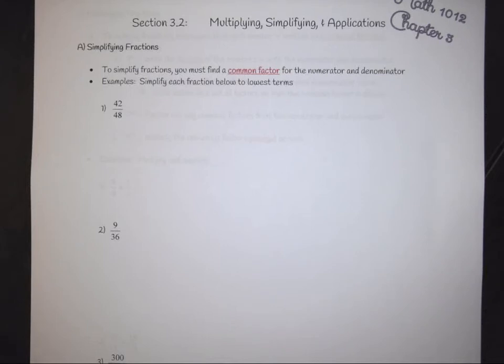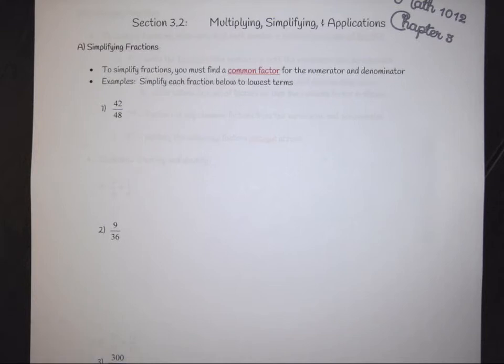But if you're somebody like me, who even though I love math, sometimes has to work at it, a common factor is just as good as finding the largest common factor. The difference is you may simply have to simplify through common factors more than once, and that depends on your ability to find them.